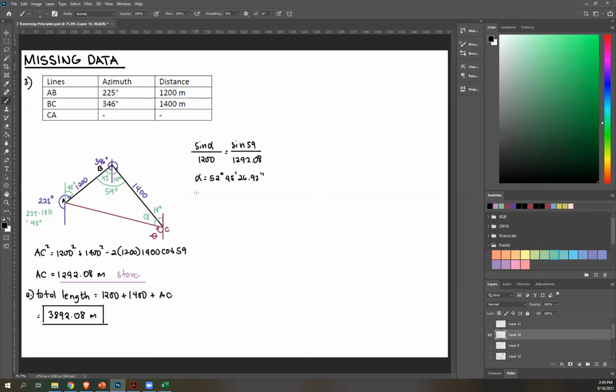Okay, and then to get theta, that is 180 minus alpha minus 14. And that's 113 degrees, 14 minutes, 33.08 seconds. Okay, and that's immediately your azimuth because that's from the south line.